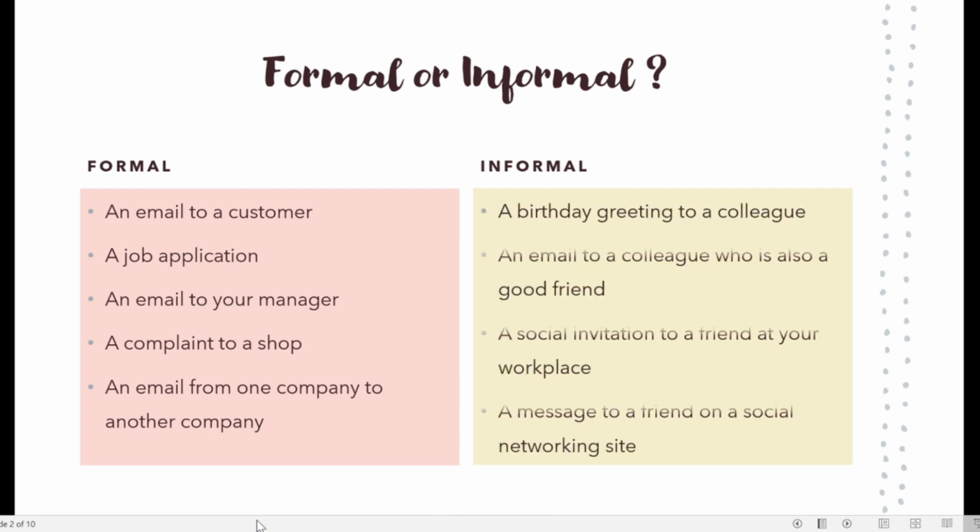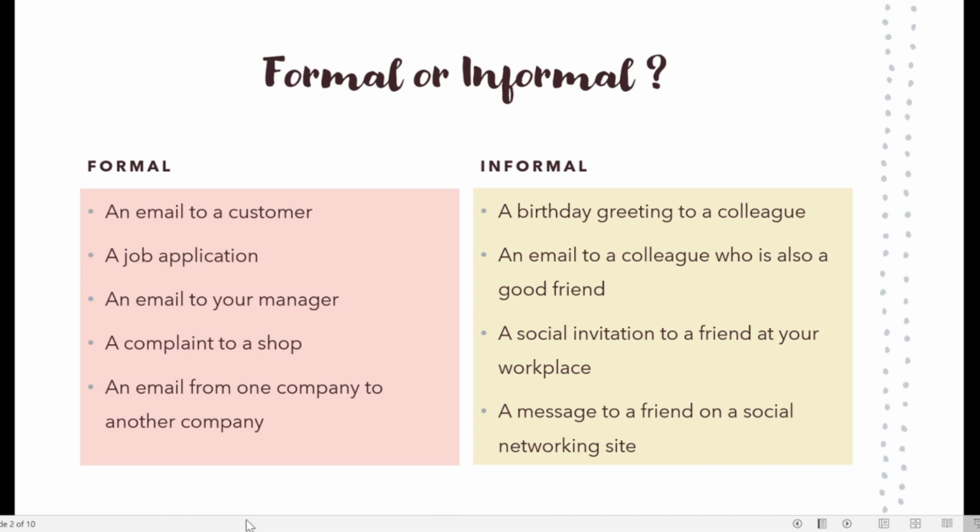For example, a birthday greeting to a colleague, somebody who is very close to you, or an email to a colleague who is also a good friend, or a social invitation to a friend at your workplace, and a message to a friend on a social networking site. So if you look at the situation, basically it is a very close relationship with somebody, and it's social emails.